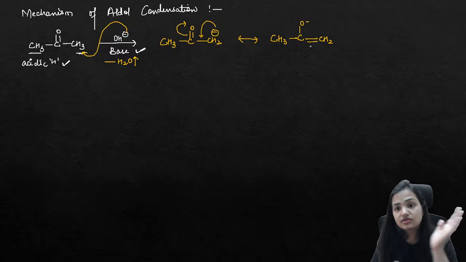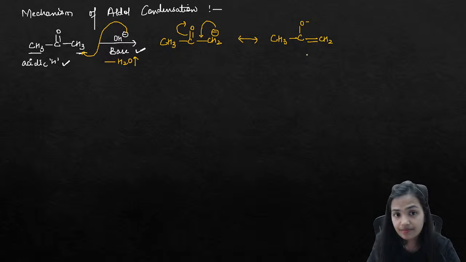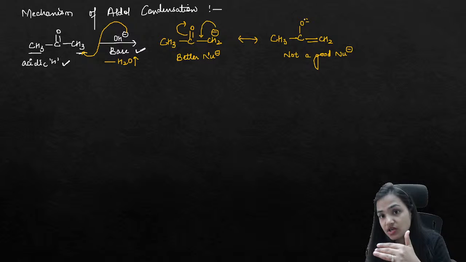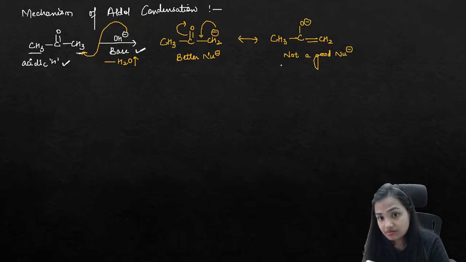Now you tell me, out of these two, which is a better nucleophile? Here we can say that this is a better nucleophile, but not this one. It is not a good nucleophile because here the negative charge is stabilized over the electronegative oxygen atom.